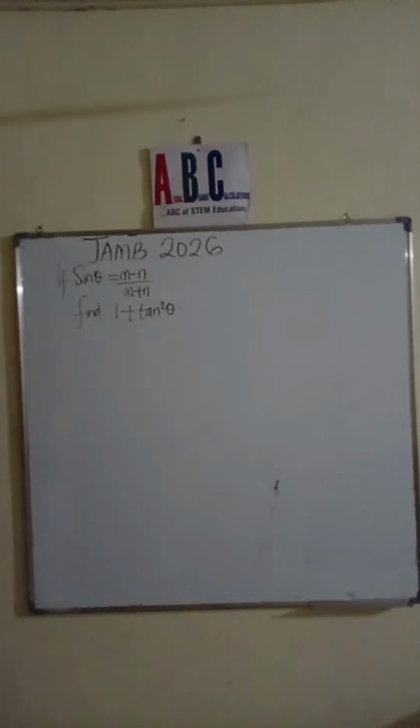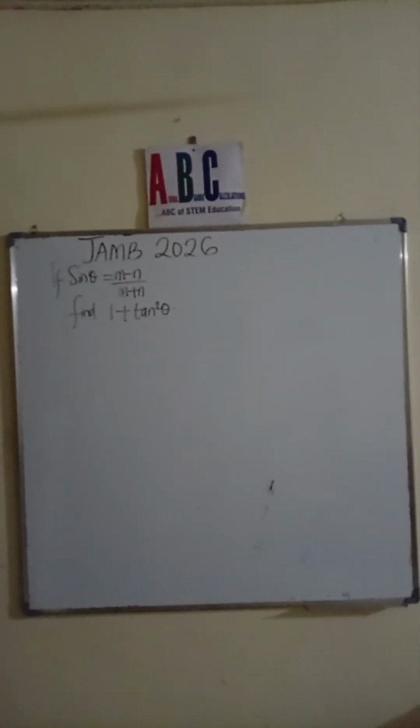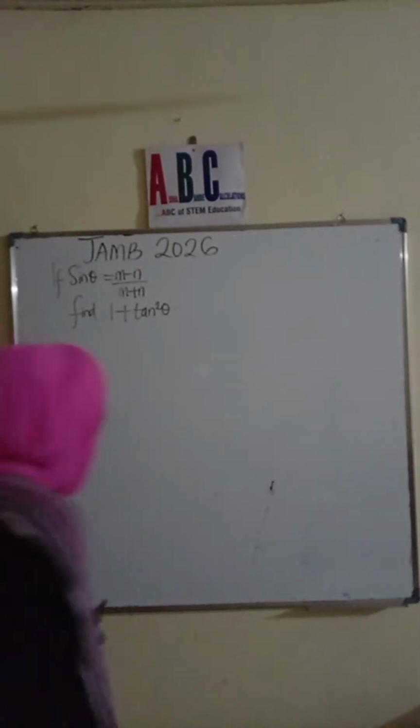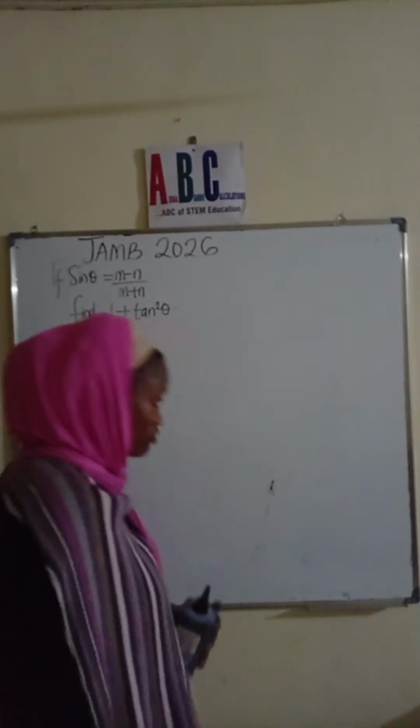This is under trigonometry. If sin theta is equal to m minus n over m plus n, find 1 plus tan square theta. Let me refill my ink, then I'll give the options. But before then, let's solve.